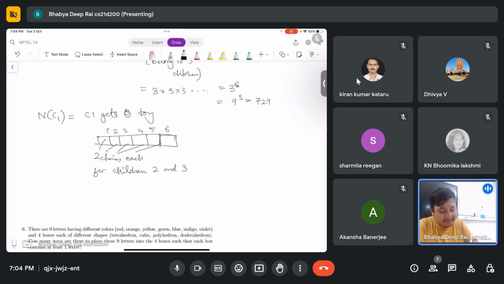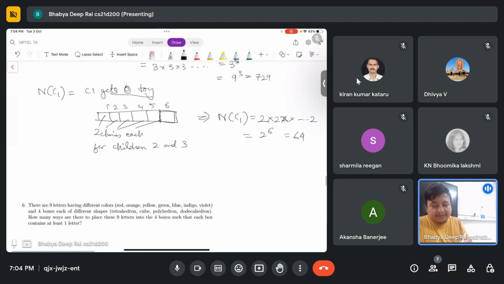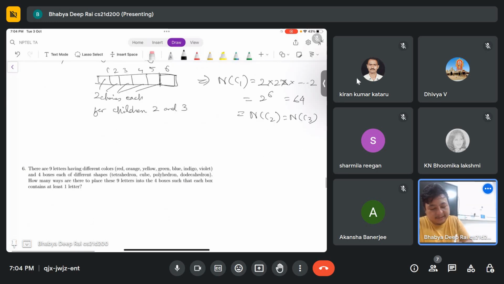None of these labels will say this belongs to child 1, because child 1 gets 0 toys. What does this mean? N(C1) is equal to 2 times 2 times and so on, 6 times, 2 to the power 6, which is nothing but 64. And see that this is symmetric, so this is equal to N(C2), which is equal to N(C3).